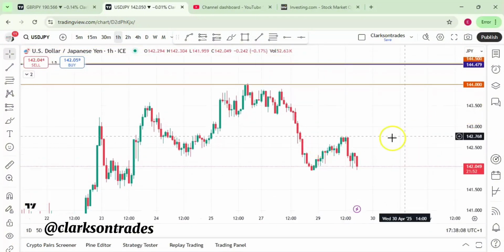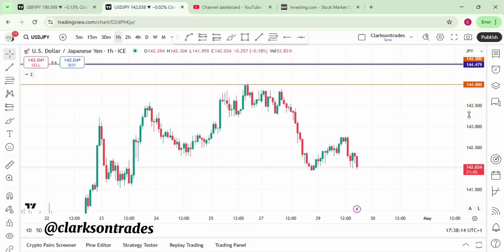It is the exact same way we calculated the pip using GBP USD, but this time it's the second figure, so just do your simple multiplication or minus to get the price of the pip.